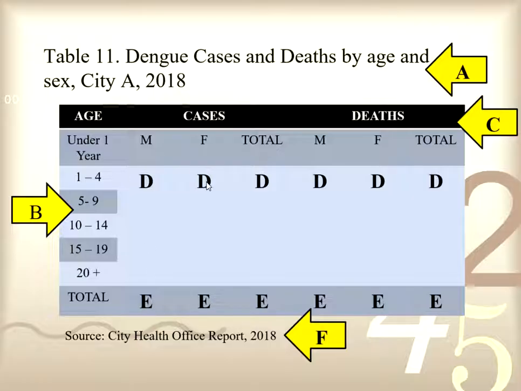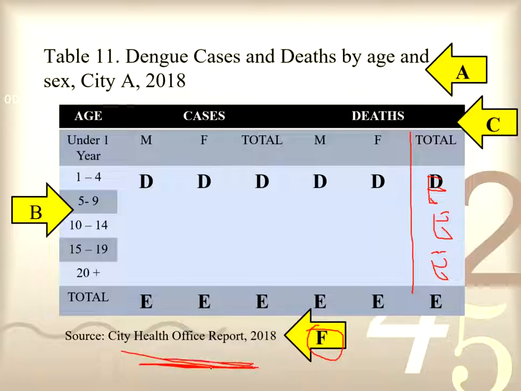So, mga total nitong mga ito. Ito yung total. So, pwede pa tayo maglagay ng total dito. Ito, letter E din to. So, yun yung mga marginal totals. Then, last is the footnote. So, ito, parang siyang source.